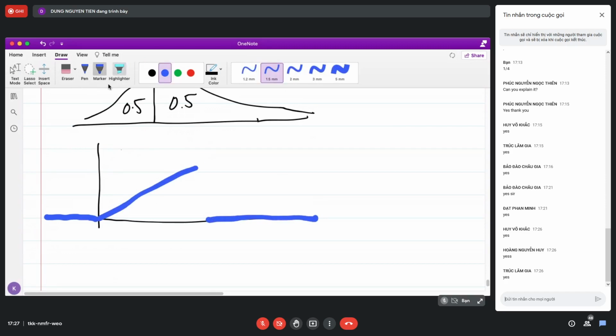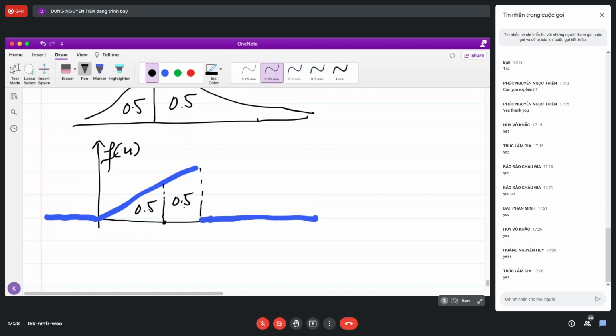Suppose that this is the function f of u. How can we find the median? The median is the point that divides the whole distribution into 2 equal parts. So you get 0.5 right over here, 0.5 over here, right?